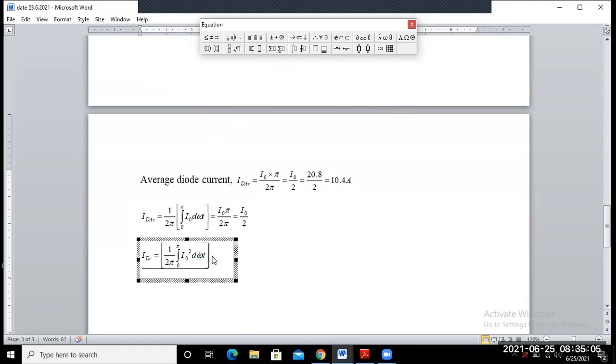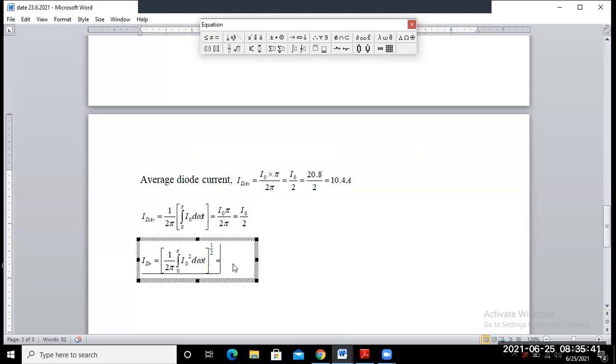That means the whole to the power 1 by 2. So if you take the square root of I0 squared, that means I0. So I0 is taken outside of the square root.